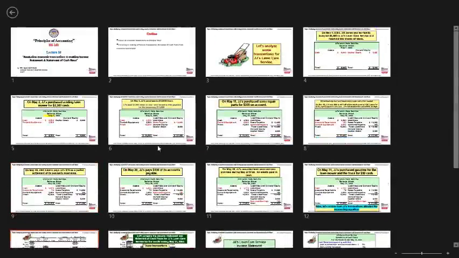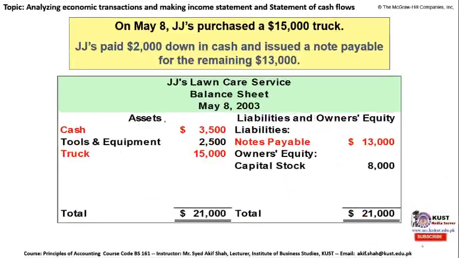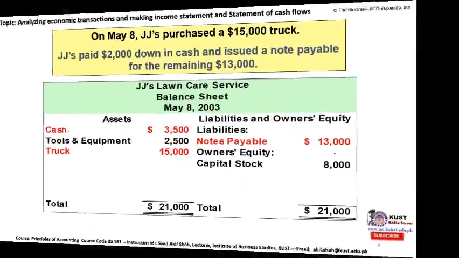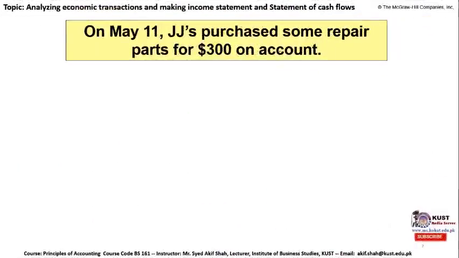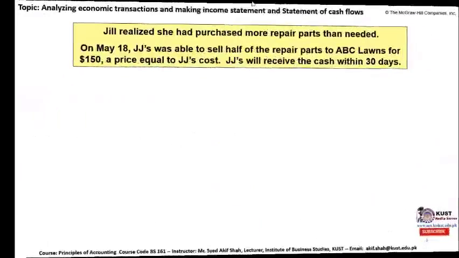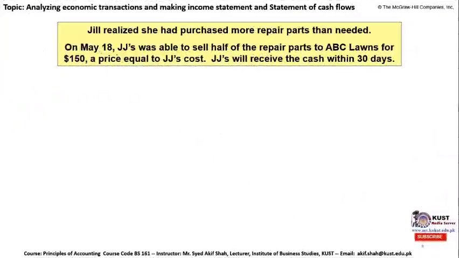Let me show you the transaction of May 18. Rather, the next one over here. You can see that on May 18, JJ was able to sell half of the repair parts to ABC Lawn for $150, at a price equal to its cost. JJ will receive the cash within 30 days.